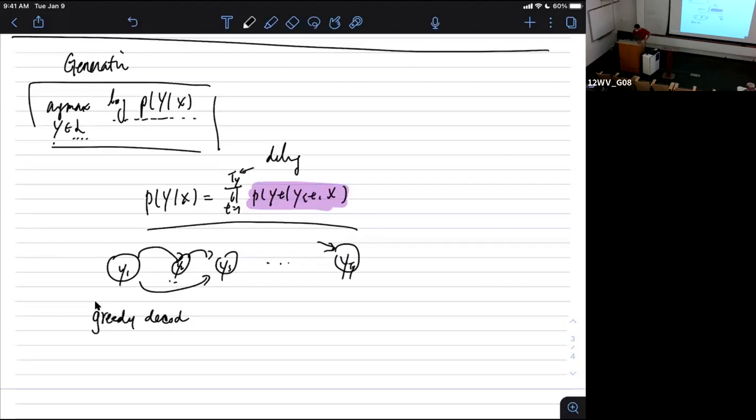In this greedy decoding, yt hat is the argmax of yt within the vocabulary. So we're looking at one word at a time, given the log probability of yt given all the previous ones that have already been decoded or selected.